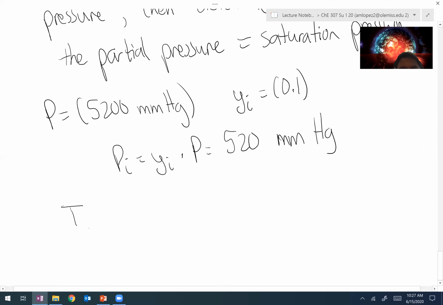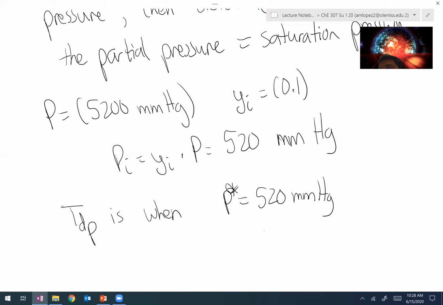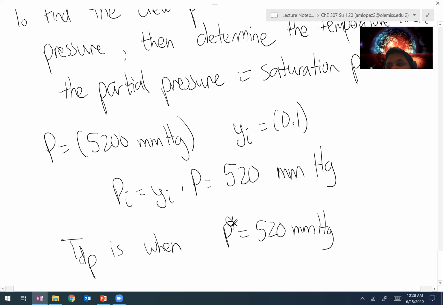So the dew point temperature is when the saturation pressure, which is 520, so we need to find the temperature where the saturation pressure is 520 millimeters of mercury.